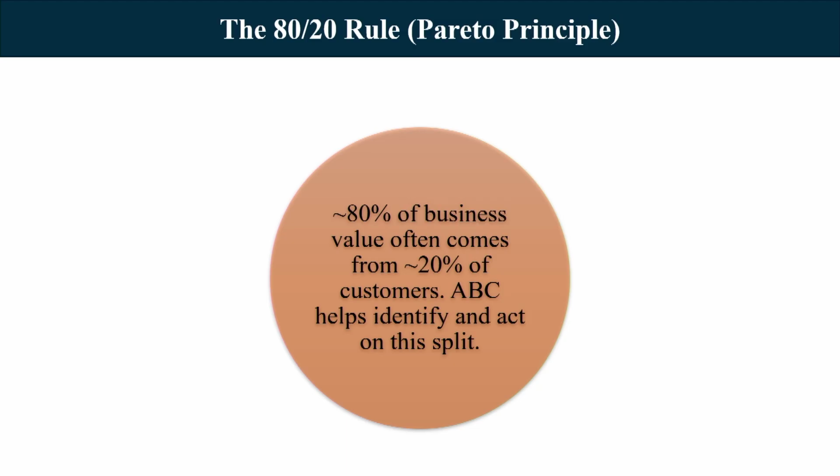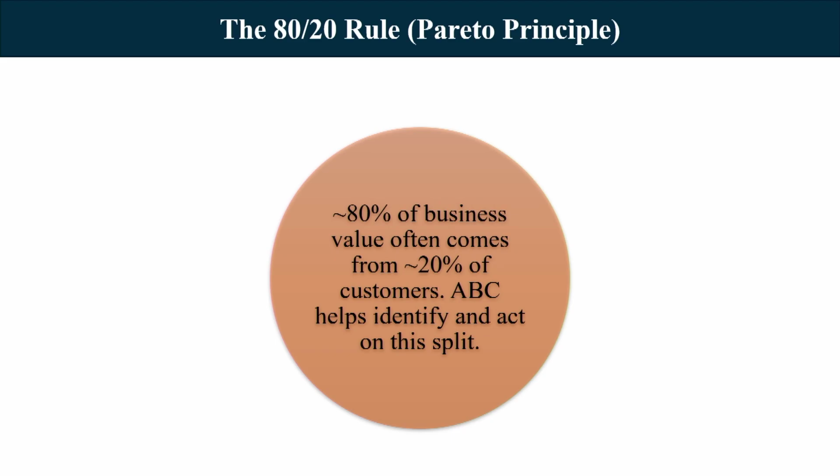So, you can visualize it this way. Let us say in a data set of 100 customers, the top 20 might account for 80% of the sales. Ignoring this could mean wasting resources on the bottom 80, who contribute little as compared to the top 20%. Instead, ABC encourages targeted strategies.